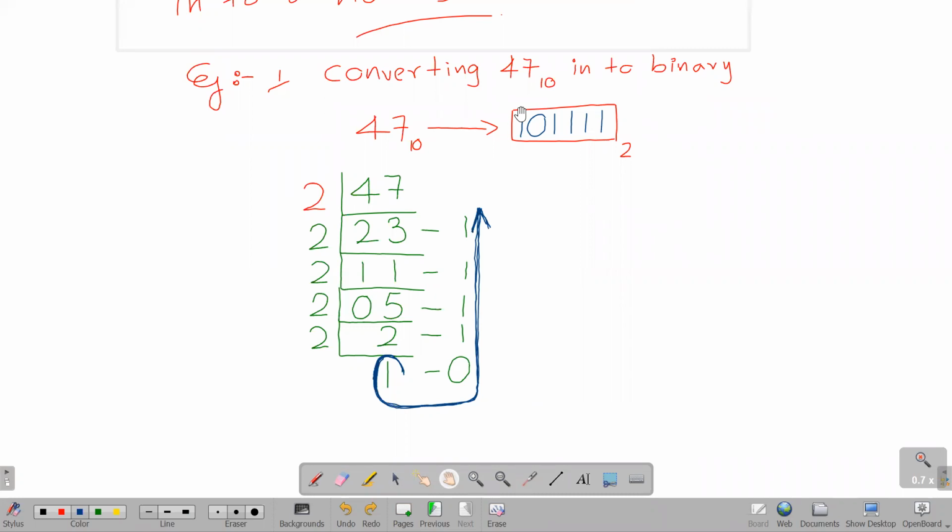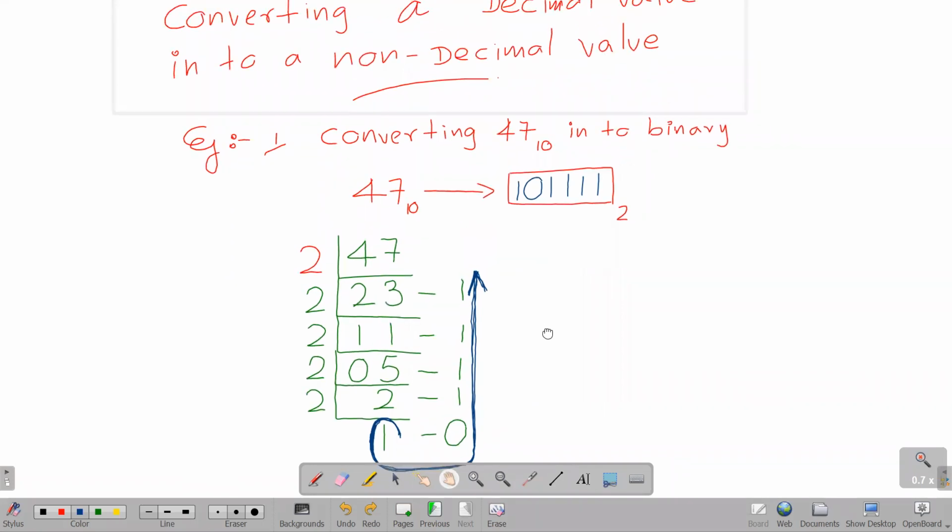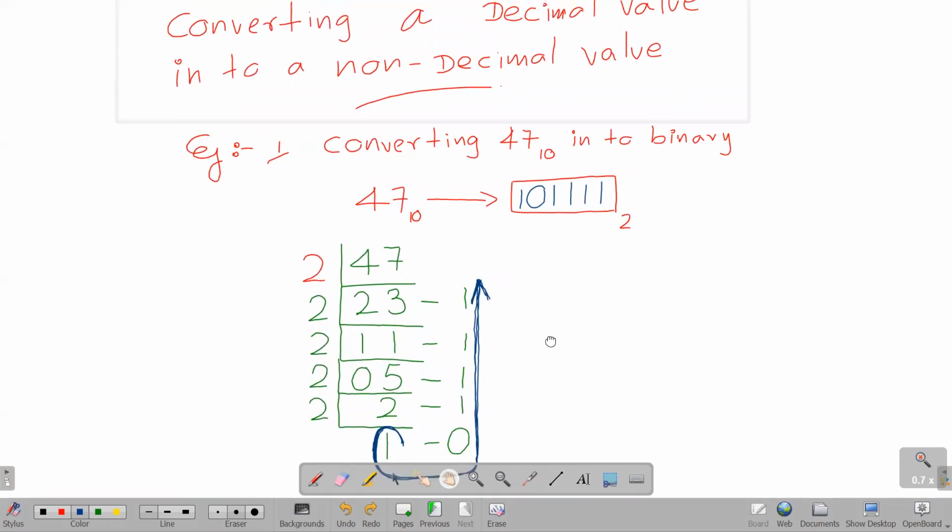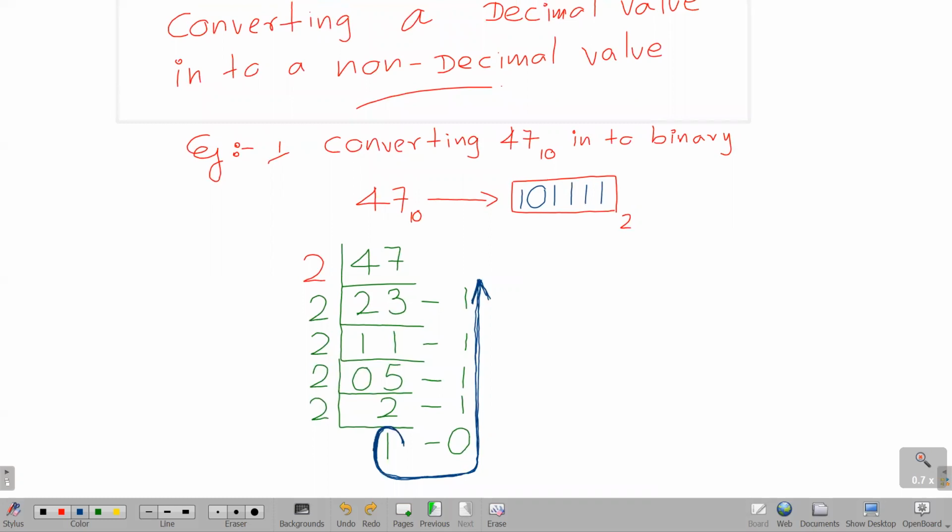Decimal number system, sir. No, it's something like this. Hold on. Perfect. Converting the decimal value into a non-decimal value.